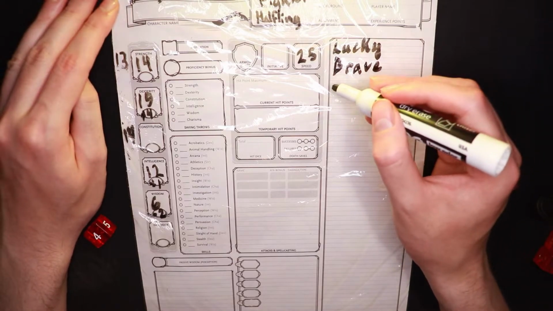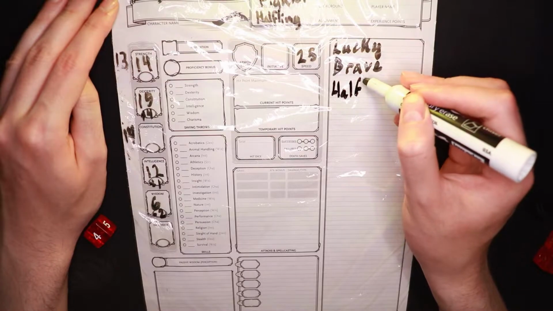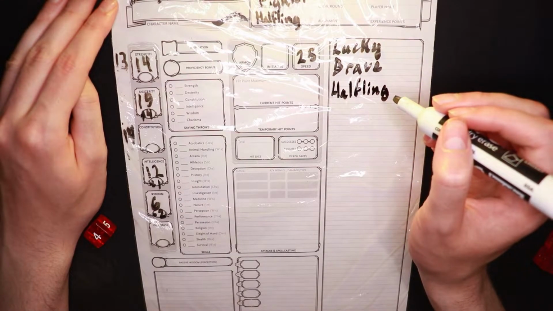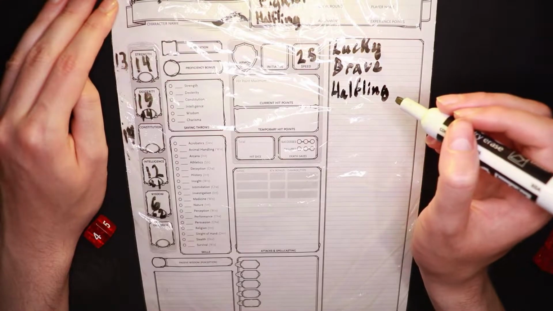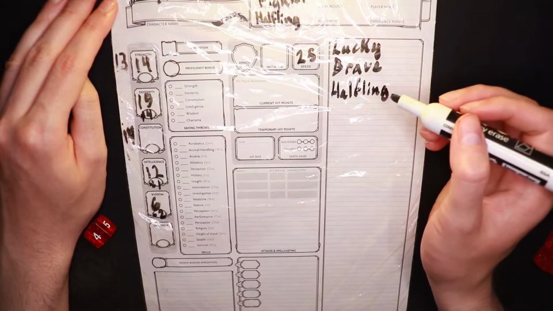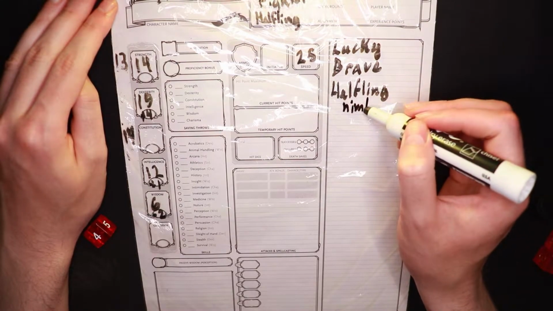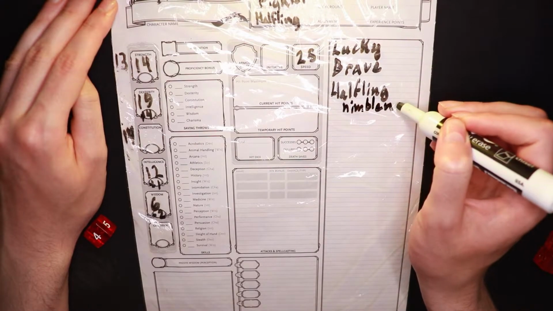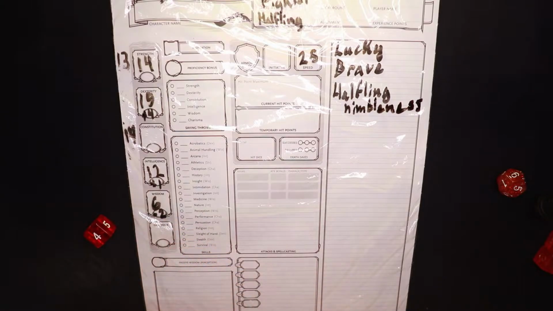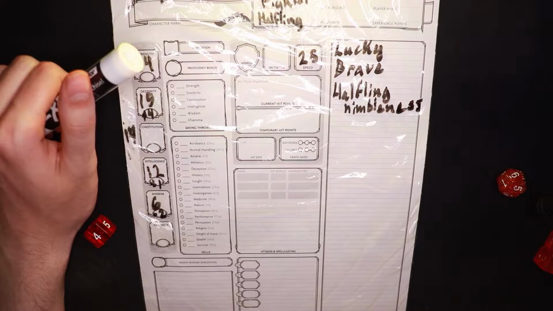And the last one is halfling nimbleness, which allows you to move through the space of any creature larger than you. So halfling nimbleness, which is very useful in combat to reposition. Alright, so that's what you get with a standard halfling.